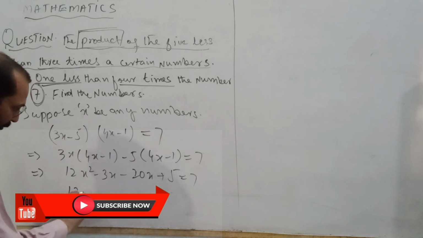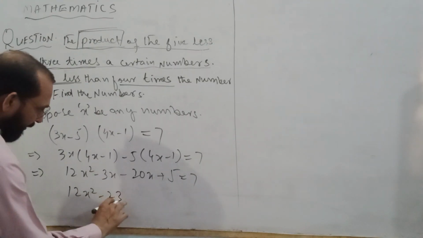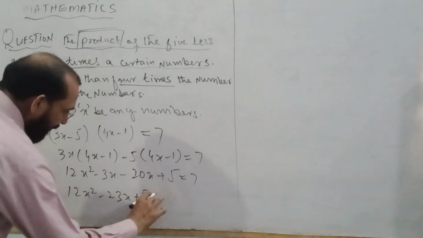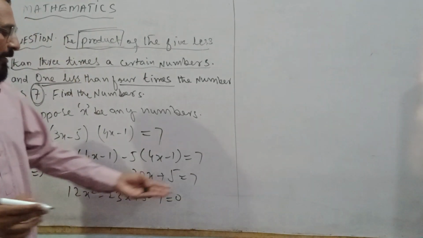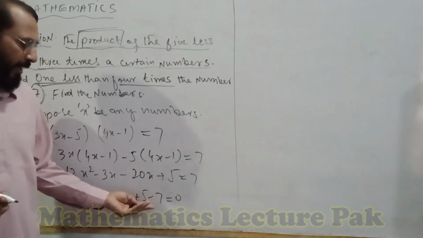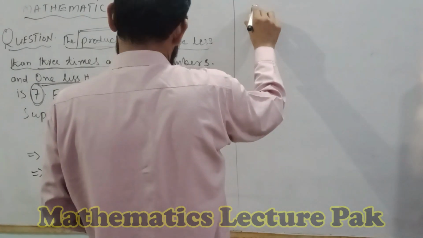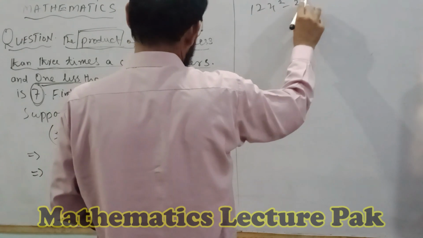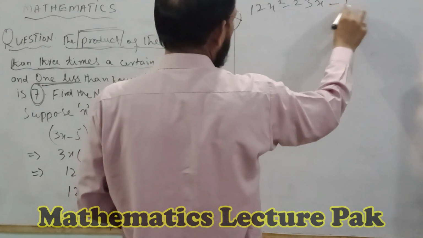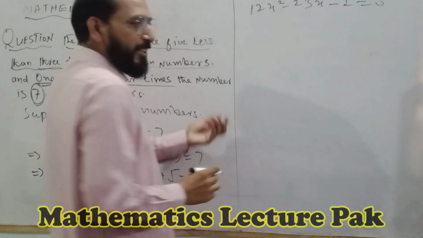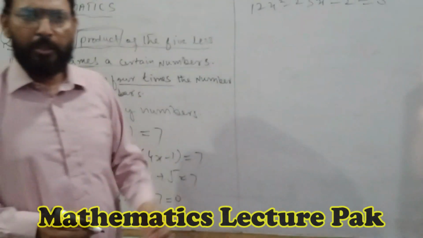Now 12x square, negative 23x, plus 5 negative 7. Here the 7 is coming on the left hand side, the sign will be changed, so we simplify: 12x square negative 23x and negative 2 is equal to 0. This is the final statement, which is the quadratic equation.